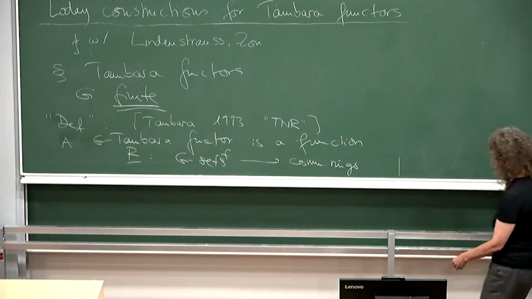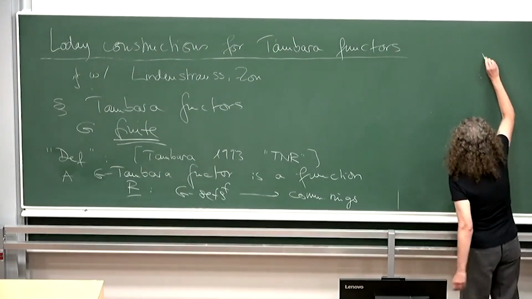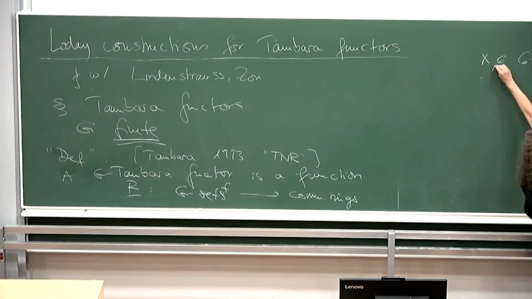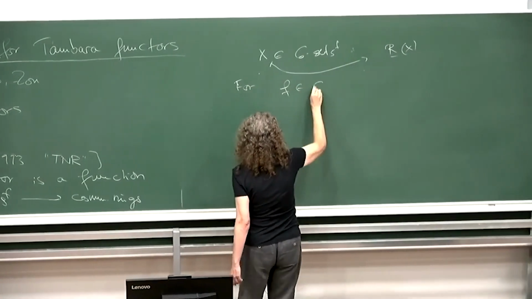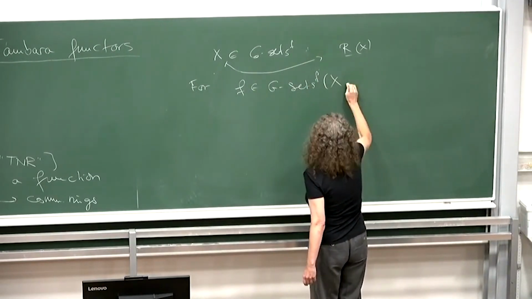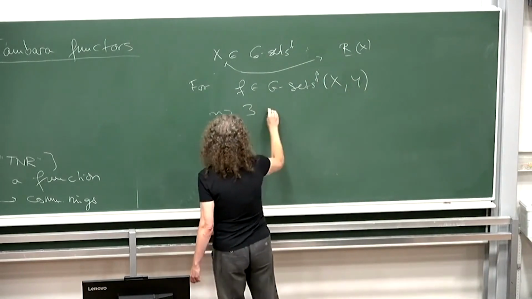So if I have a finite G set, I assign to it a commutative ring, and then for a map of G sets from X to Y, I get three induced maps.